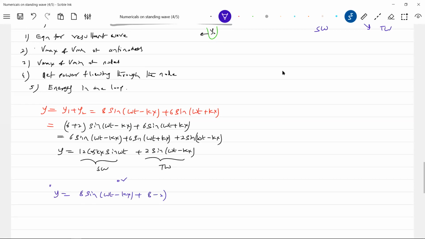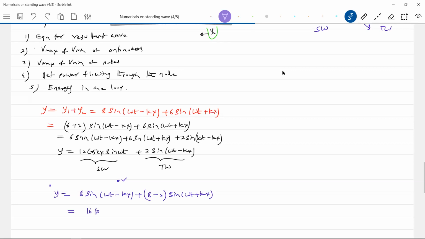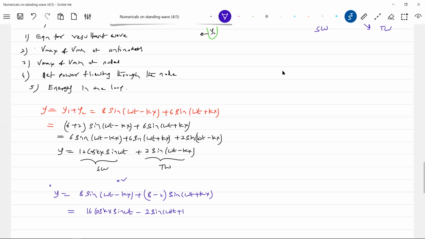Can anybody simplify this? 16 will come. This is a standing wave. This is a traveling wave.